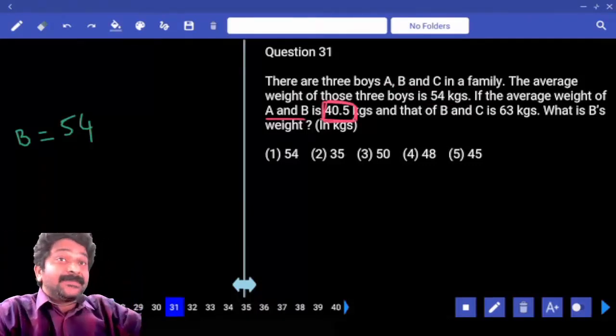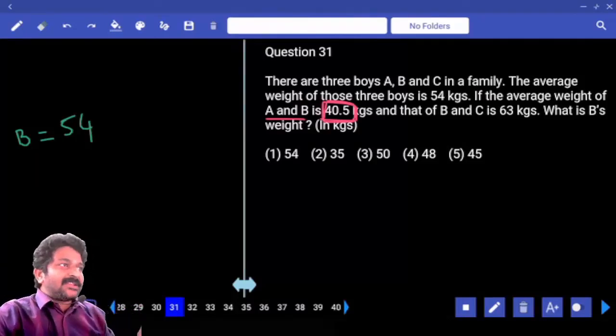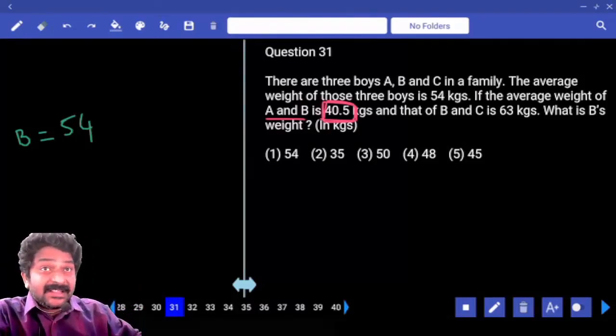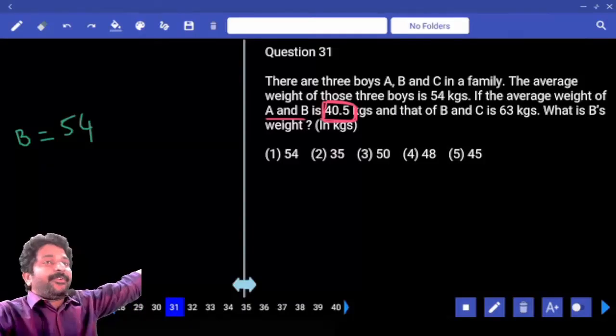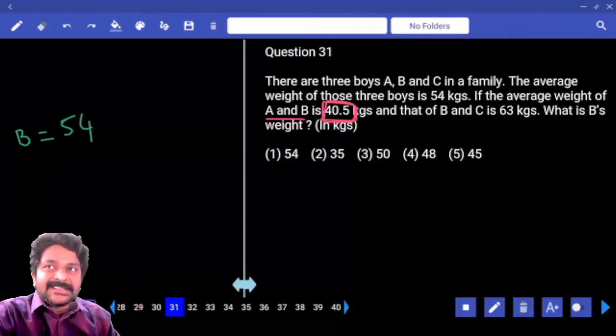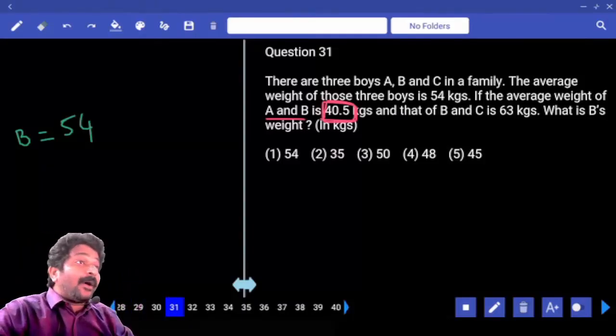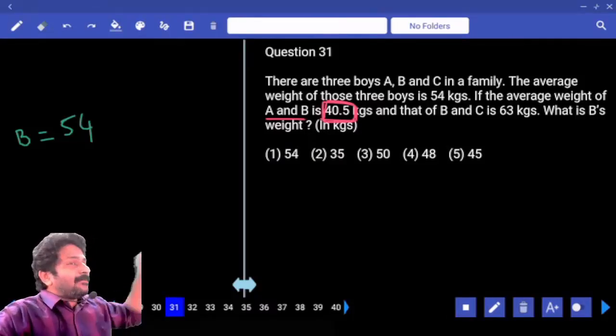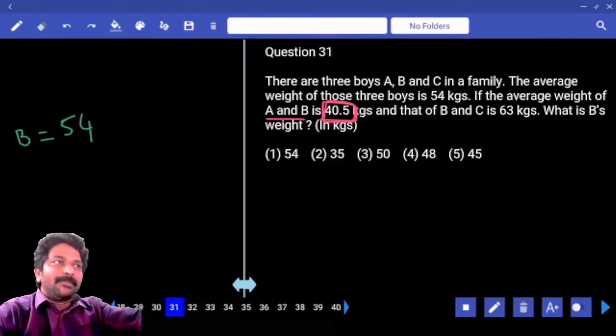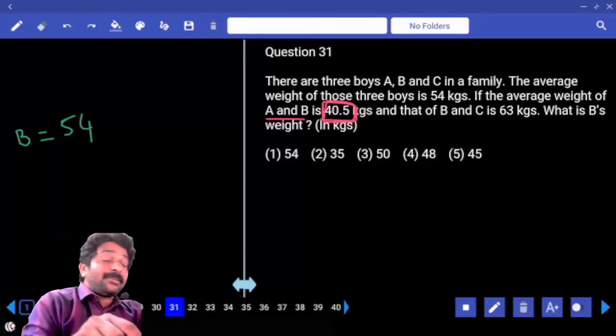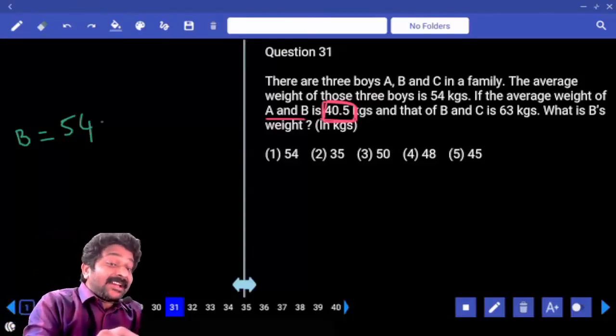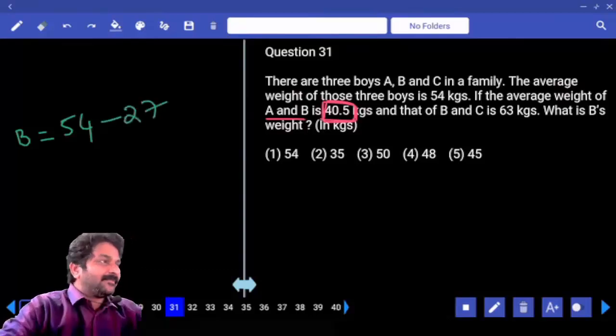Less than the original average. With respect to 54, 40.5 is how much less? 13.5. Two numbers are there, AB. For each number it is 13.5 less. For two numbers, 27 less. I said direct effect, so I will subtract 27.